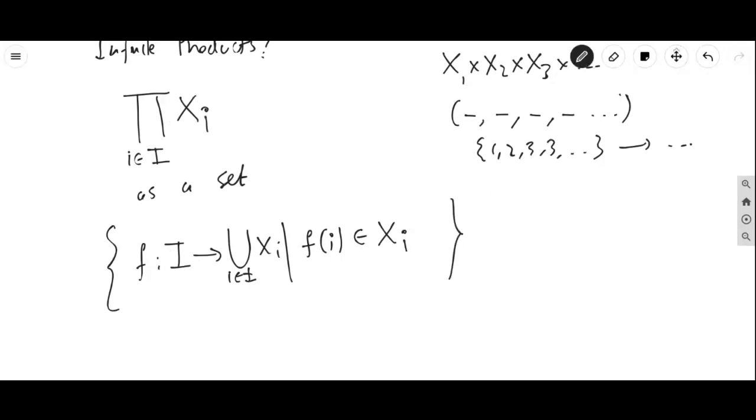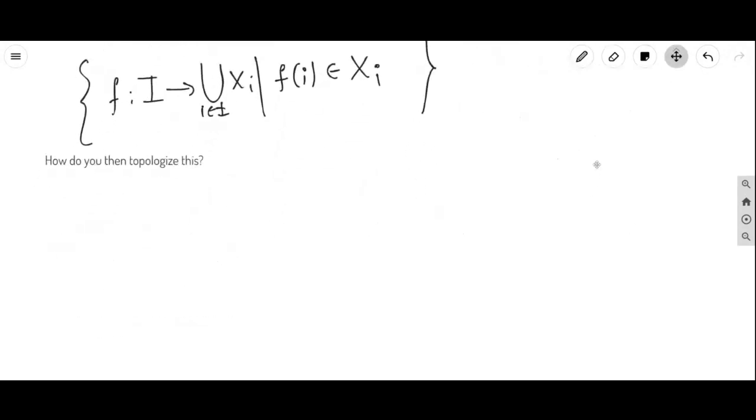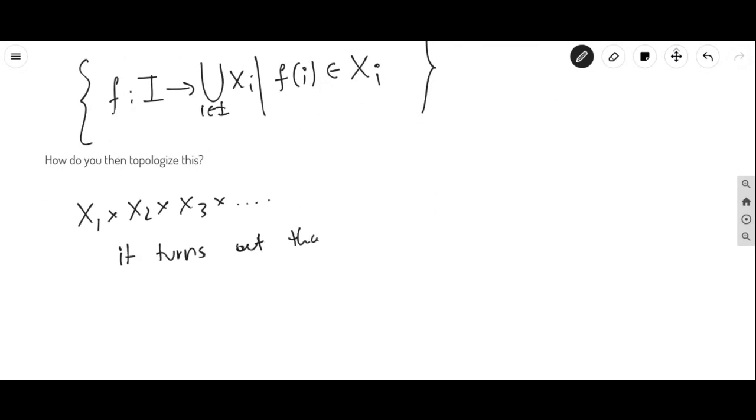And then the question becomes, how would you topologize this? To keep the discussion simpler, let's say we have a countable product, so you can write it out as a sequence. It turns out that the basis looks like this.